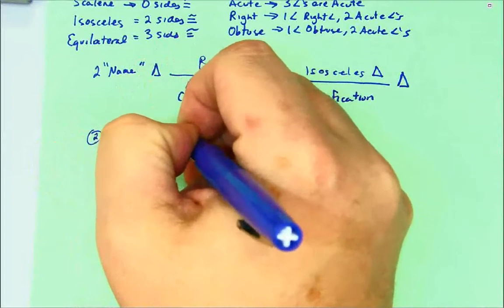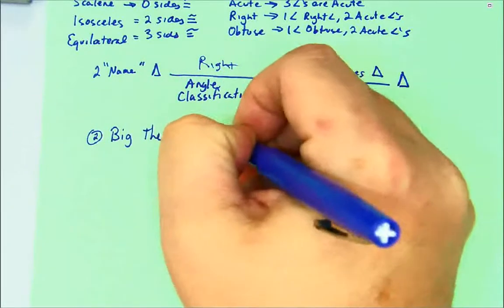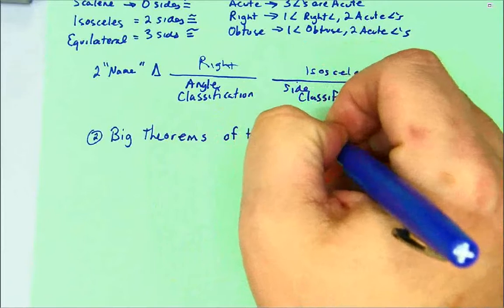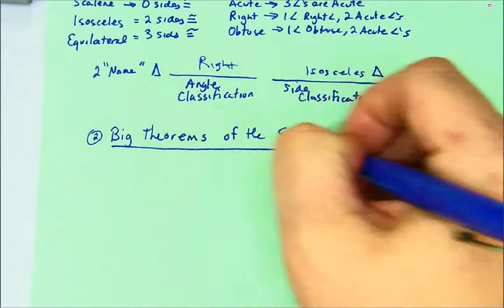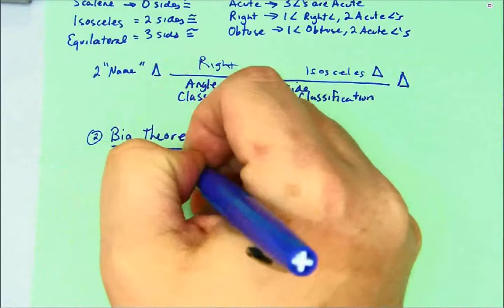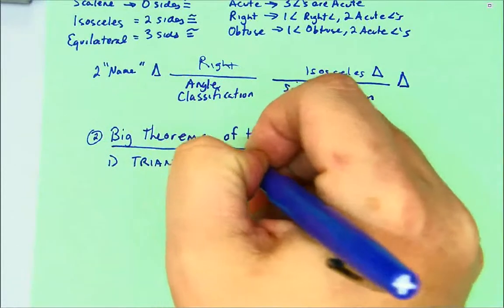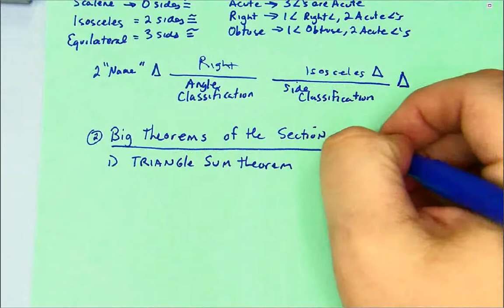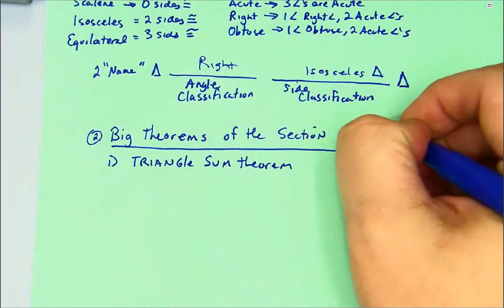Two, the big theorems of the section that you need to know. And I'll make a triangle right here.